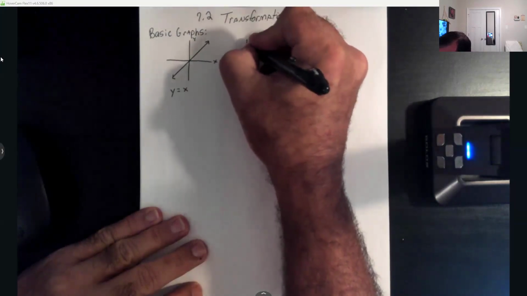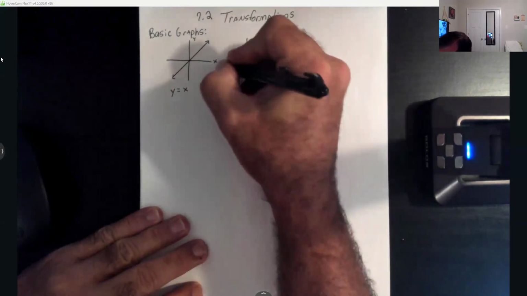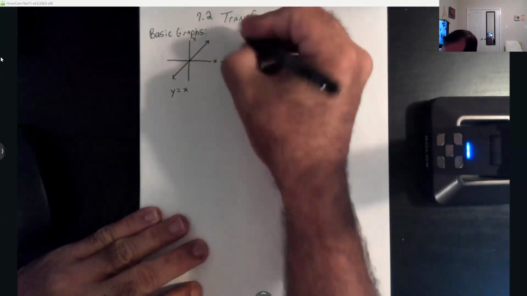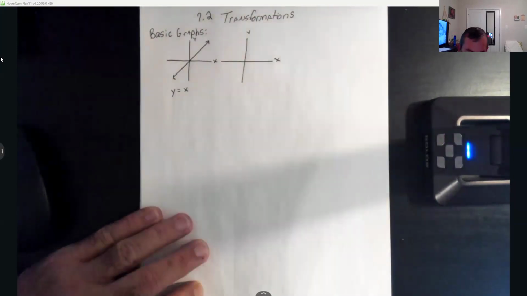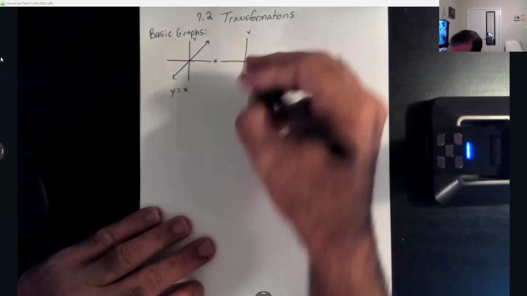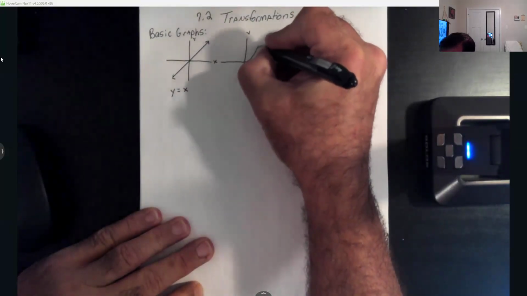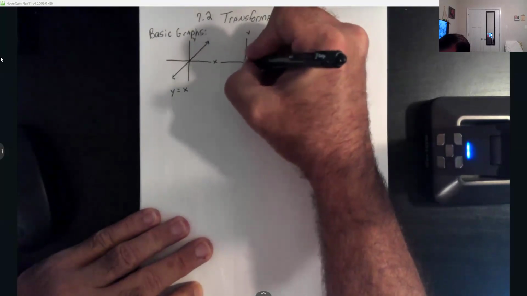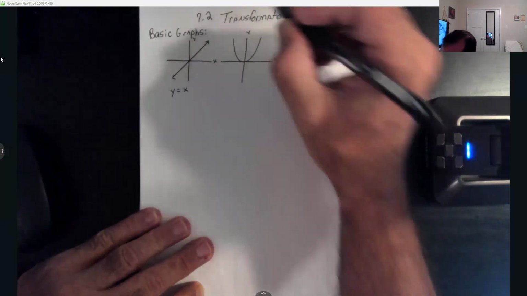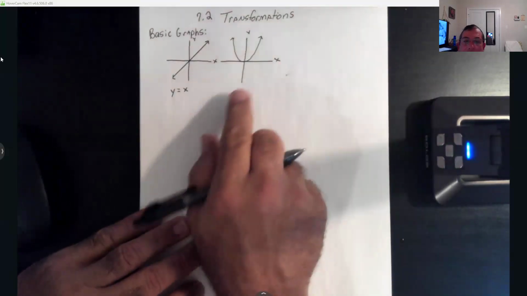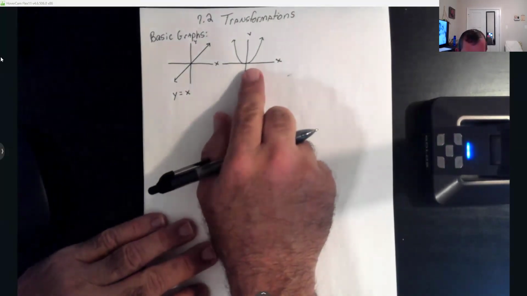All right, y'all, the second basic graph are the parabolas we've been drawing. So those are the U-shaped graphs. So these are our parabolas.